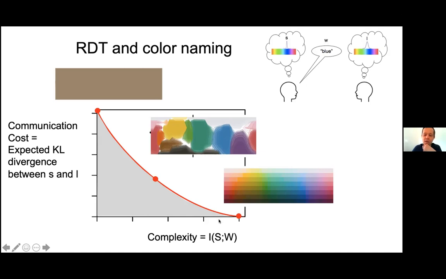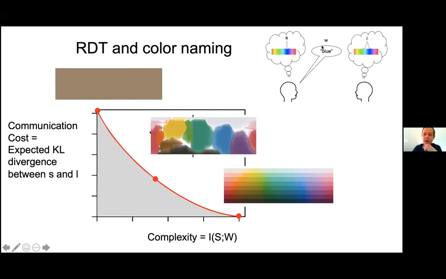And so you could think of this as the amount of information in bits that the word provides about the distribution in the speaker's head. So in a case like this, where there's a single label for every color chip, hearing that label actually gives you no information at all about the distribution in the speaker's head. So this is very, very low complexity.